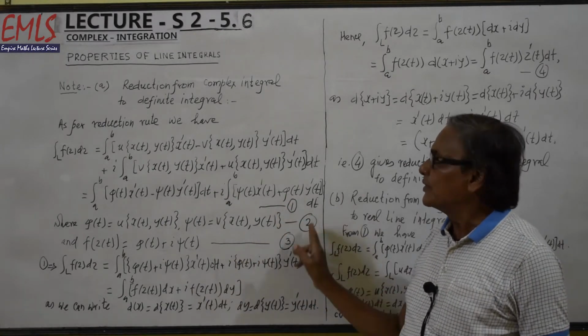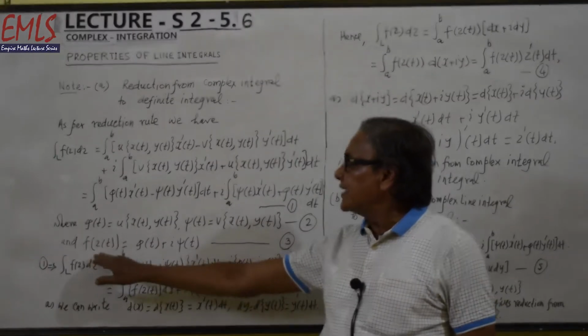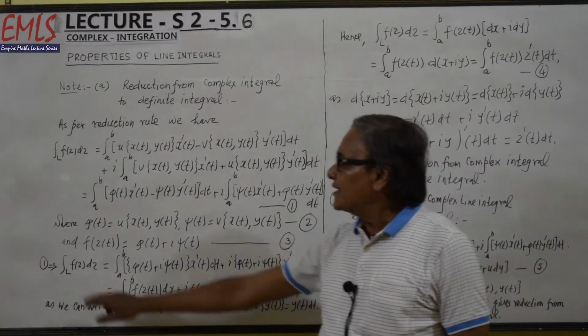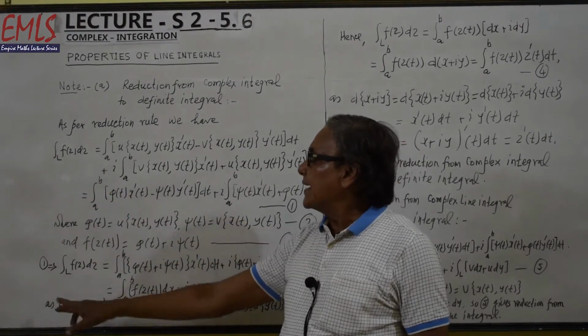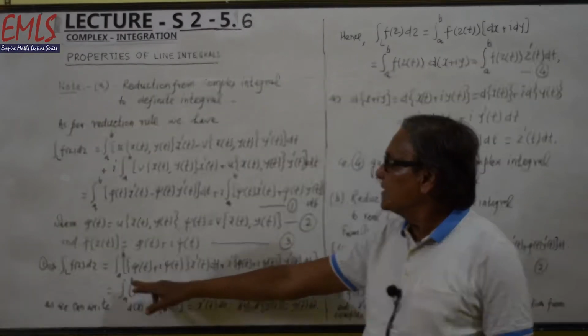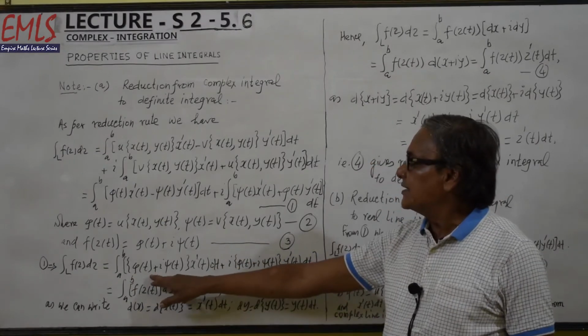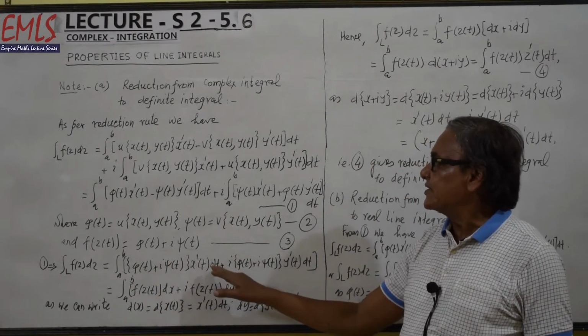Call this number 1, and this number 2. And f(z(t)) is equal to phi(t) plus i psi(t). Now 1 implies integral over L f(z) dz can be written as integral a to b [phi(t) plus i psi(t)] x'(t) dt.